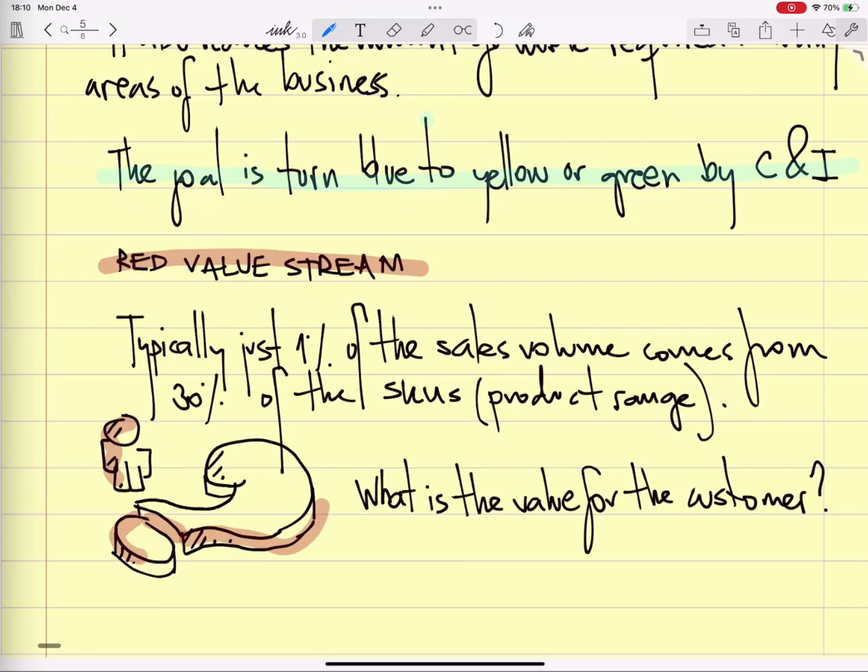It's the real value for the customer of this product, and what is the value for the organization?